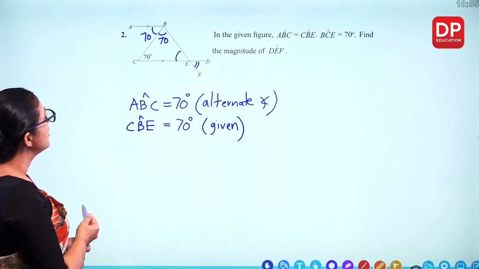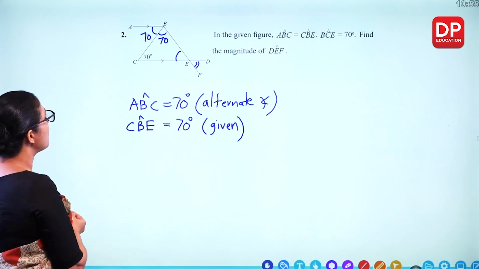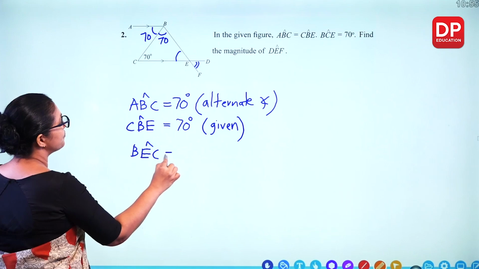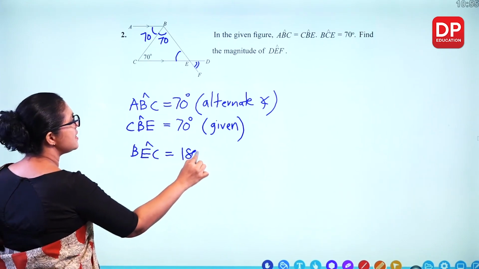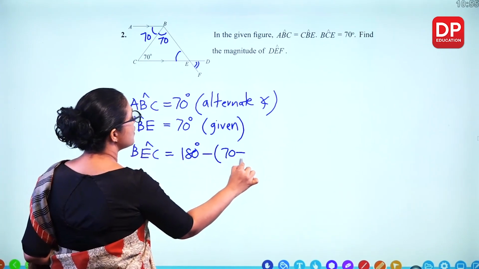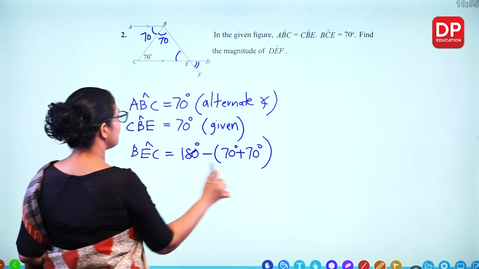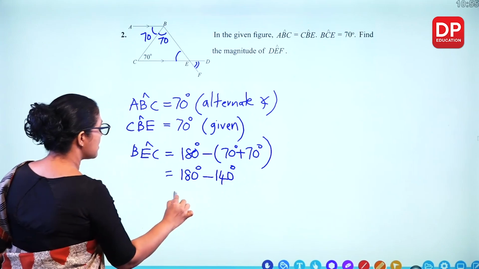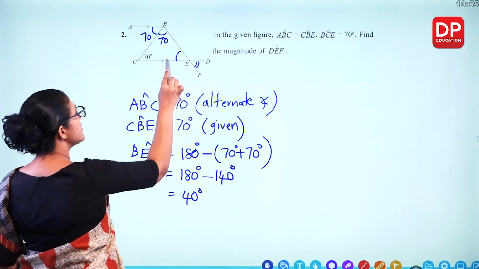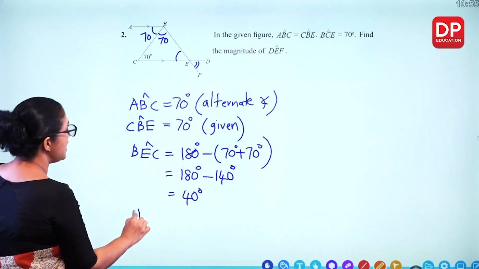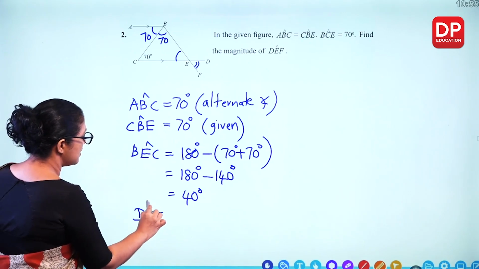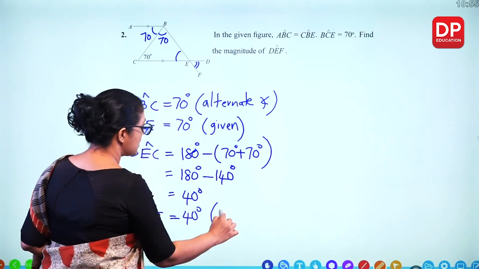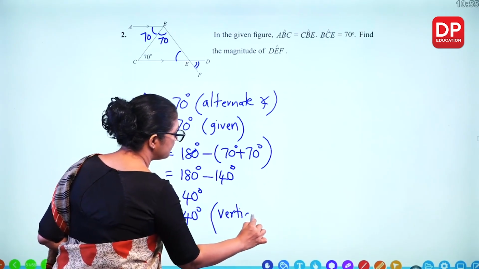That's given in the question. Now we can find out BEC angle. This angle is 180 minus the sum of the other two angles. So 180 minus 140, that's 40 degrees. So that's equal to DEF angle. That's also 40 degrees because vertically opposite angles are equal.